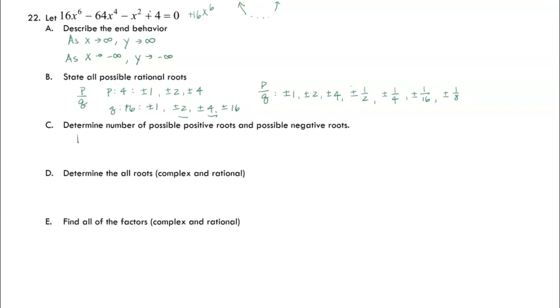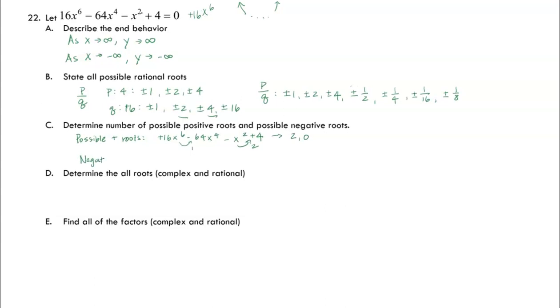Determine the possible positive roots. Okay, so we're going to use Descartes' rule of signs. Look at the function: positive 16x to the 6th, minus 64x to the 4th, minus x squared, plus 4, which tells us there are 2 sign changes, so 2 or 0 positive roots.